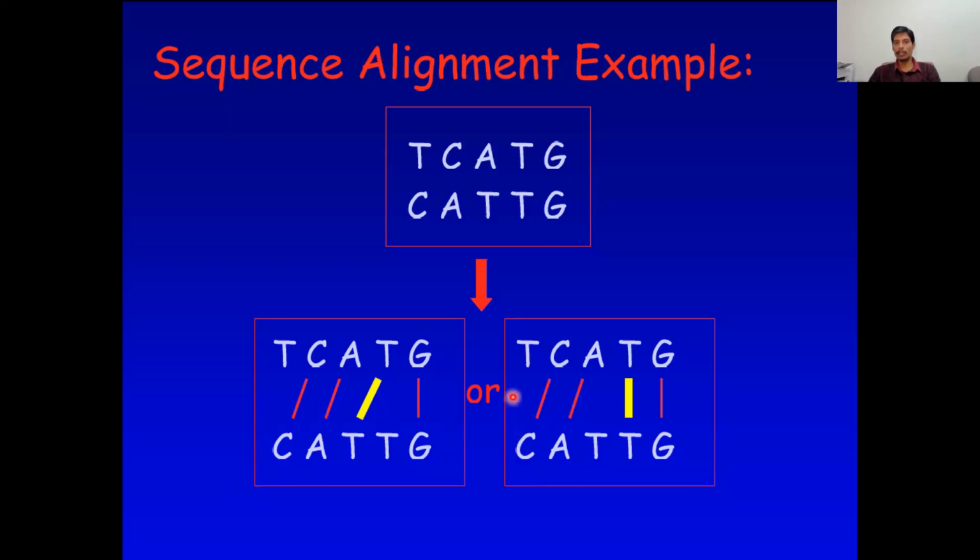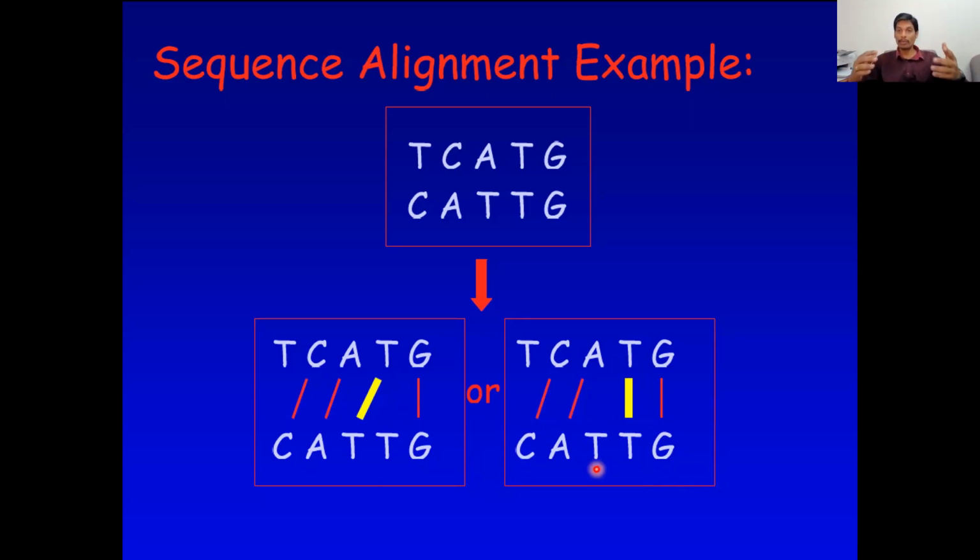Another possibility is, of course, T with nothing, C with C, A with A, but the T aligning with this T, because you can align with this T or this T. It doesn't matter for us because both have the same similarity weightage. But in this alignment the deletion is between T and G, and if the T is aligning here, the deletion could be between A and T. Both are possible and both have the same weightage, because both have four similarities and two deletions, right?